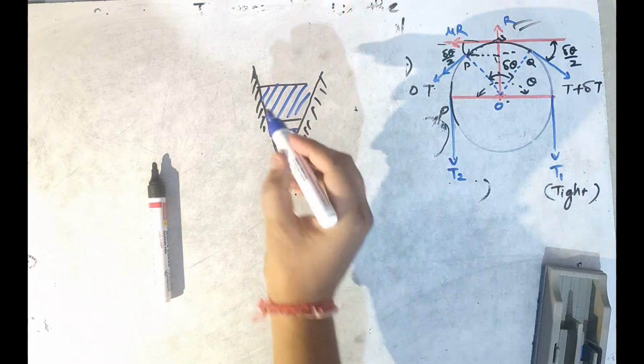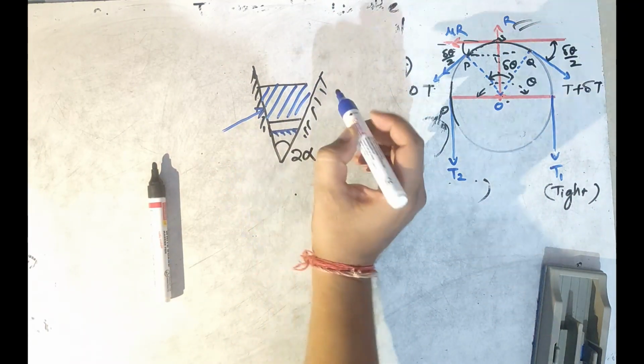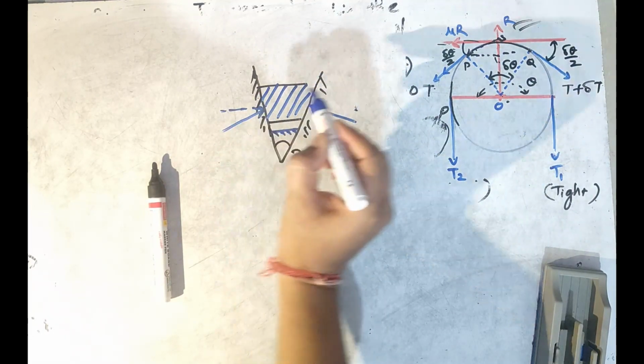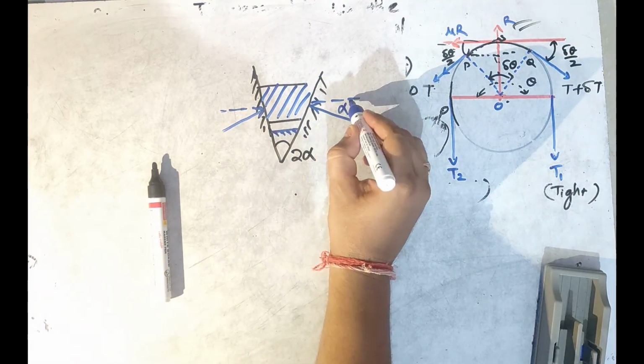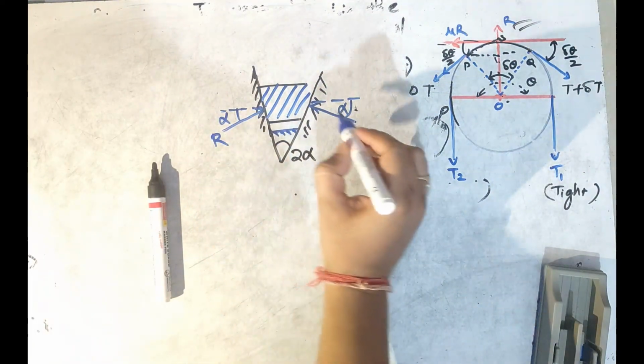Here there will be two reactions like this one, from this side and from this side also, making an angle alpha with the horizontal. So you are getting two reactions here.